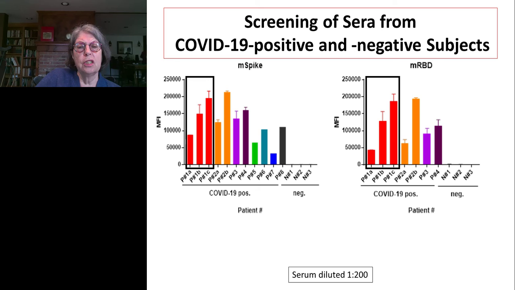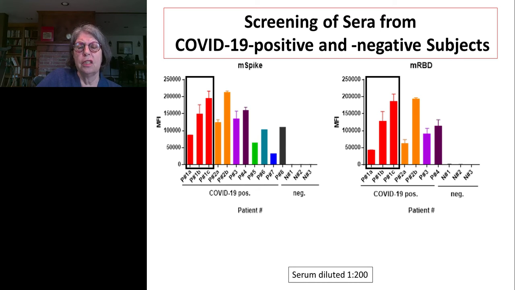The 3 bars that are outlined in black here, the bars are in red, show the sera from a single patient taken at day 8, 11, and 15 after the beginning of symptoms. And as we know, after an infection, one of the things that you can use to diagnose an infection is an increasing titer of antibodies in the serum, and that's exactly what you see.